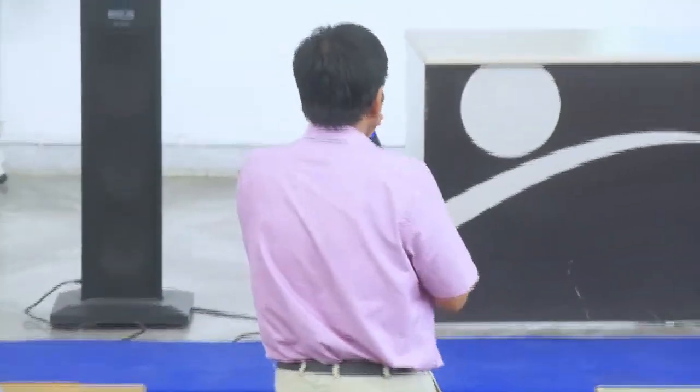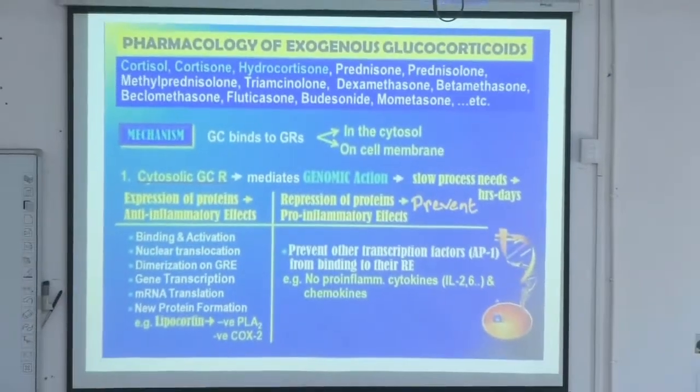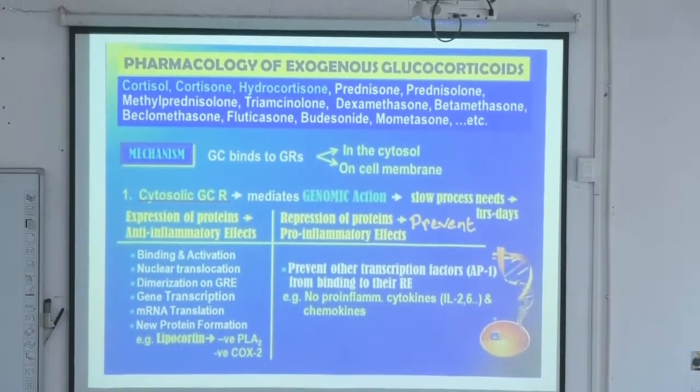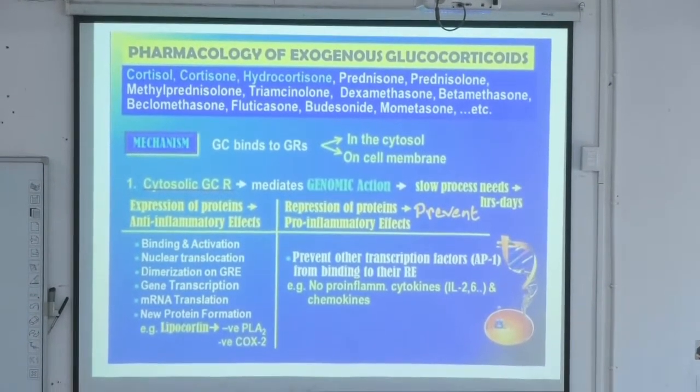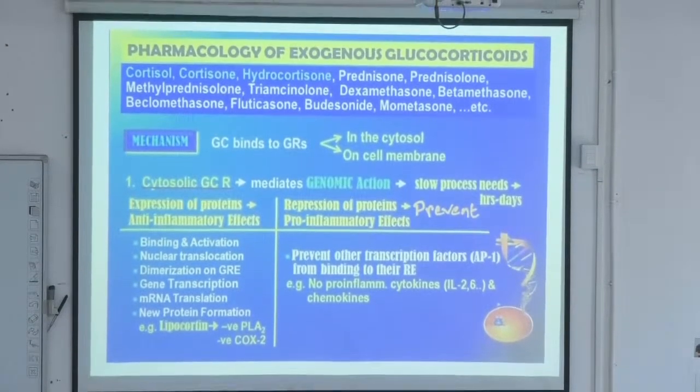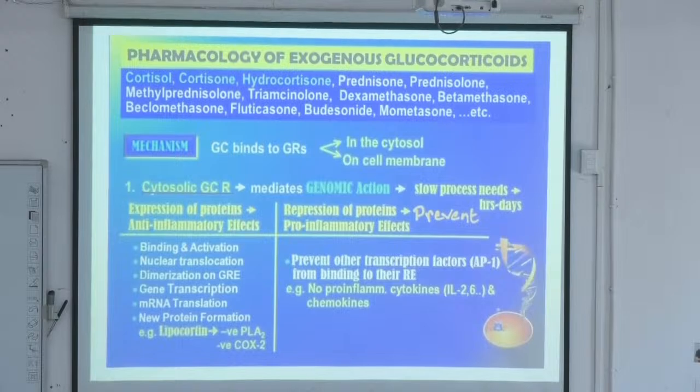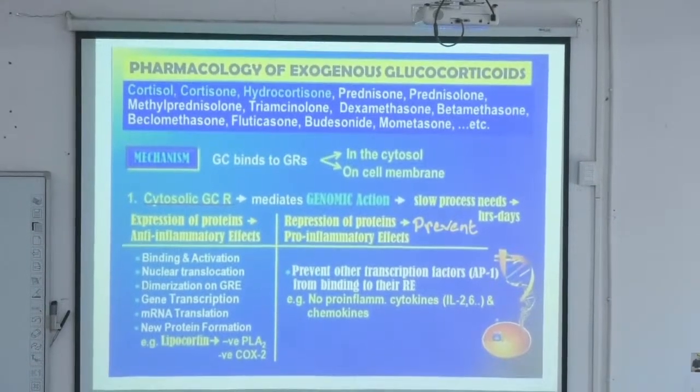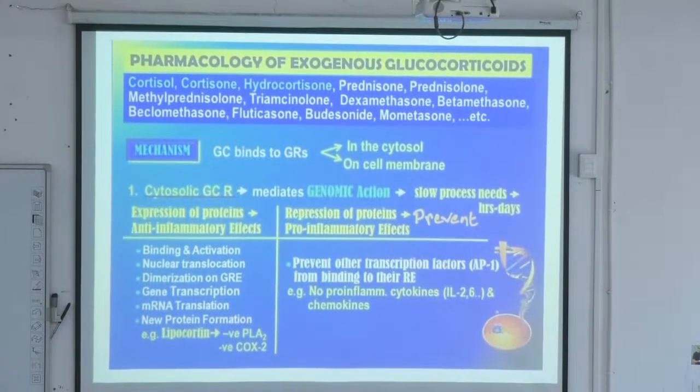Now, what is important to understand is how glucocorticoids act. The first important thing is that glucocorticoids suppress immunity and reduce inflammation. When you give them from outside, they act in two ways.